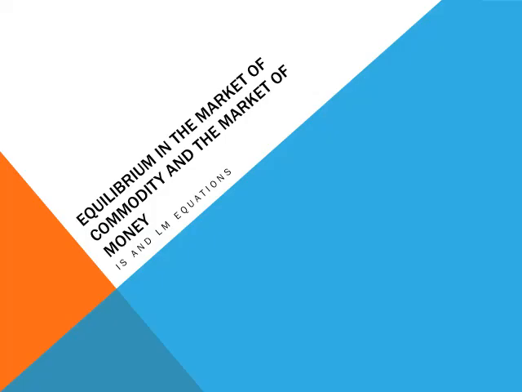As we mentioned in the previous lecture, we have to find the equilibrium in the market of goods and services. Then we are going to find the equilibrium level in the market of money.